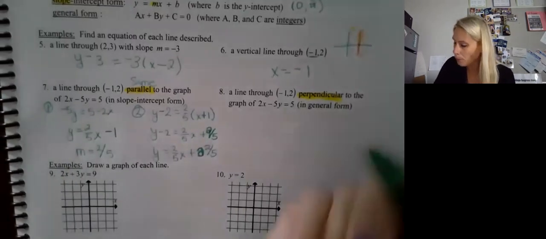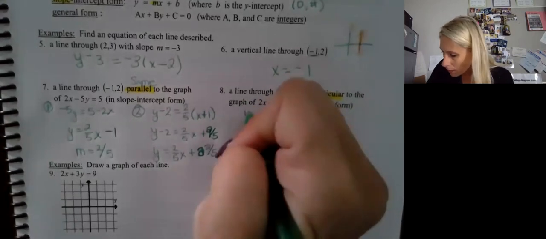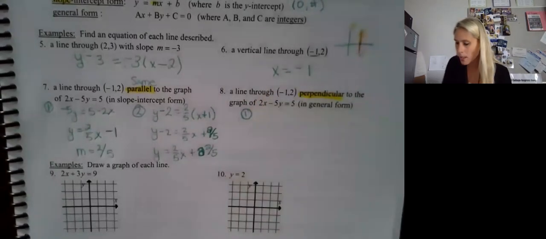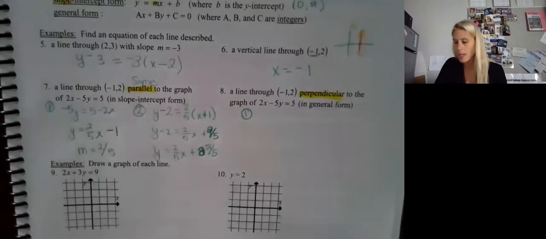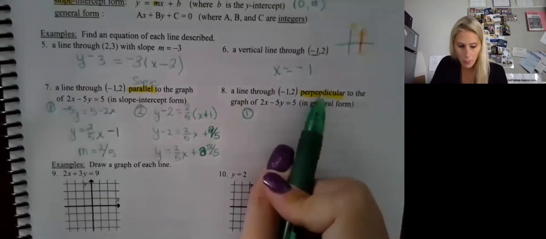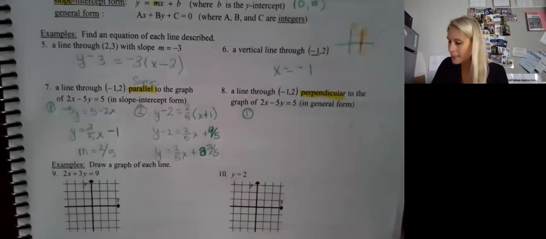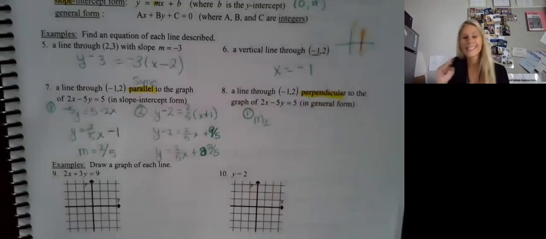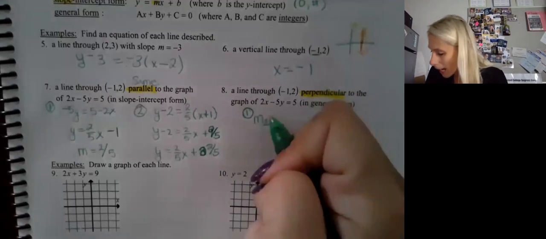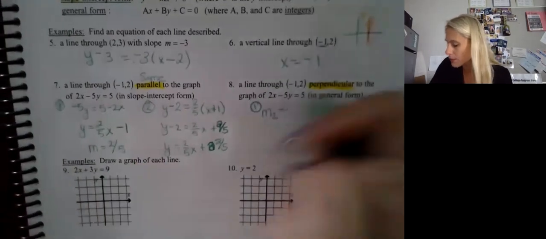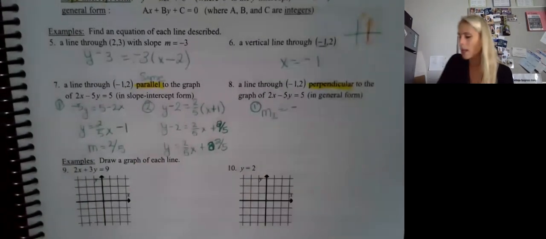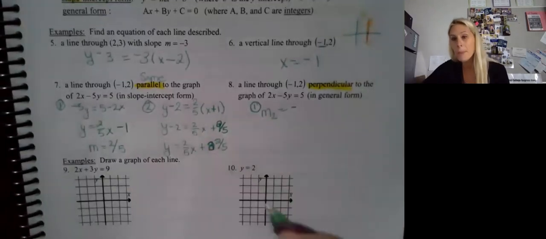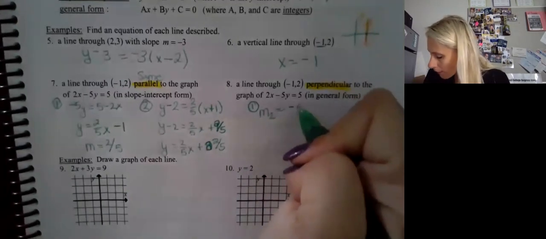Since we know that the slope is 2/5 and we want it to be perpendicular, that means the second slope is the opposite. So this is positive, so this one is negative. Reciprocal, so I'm going to flip that fraction to 5/2.